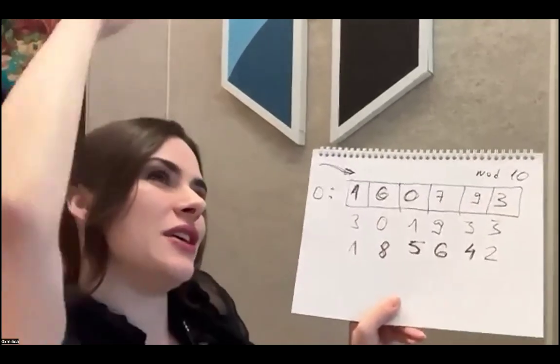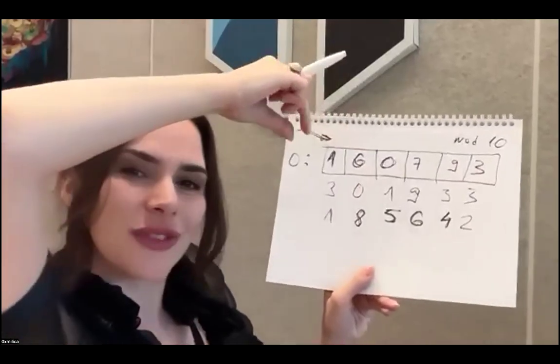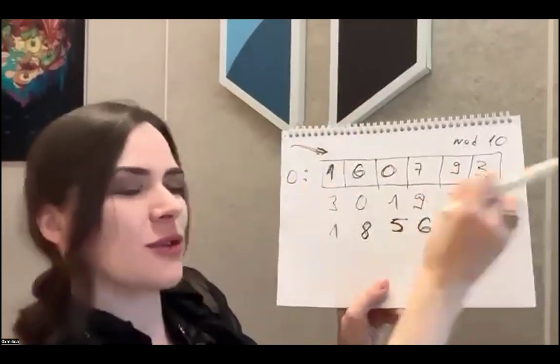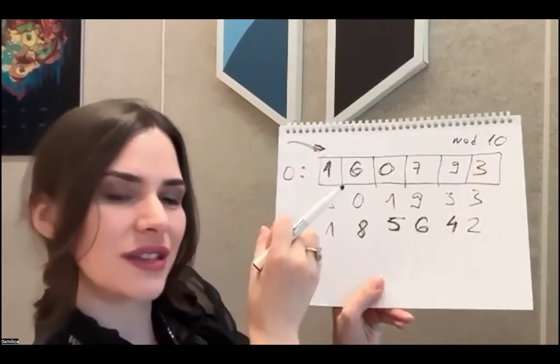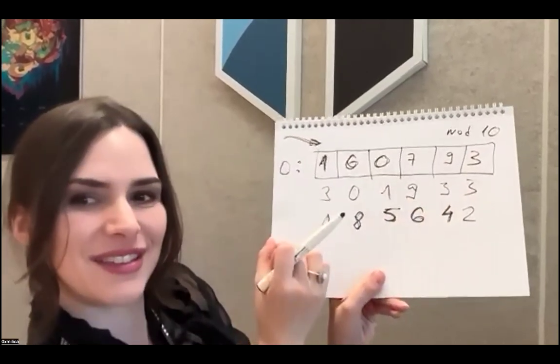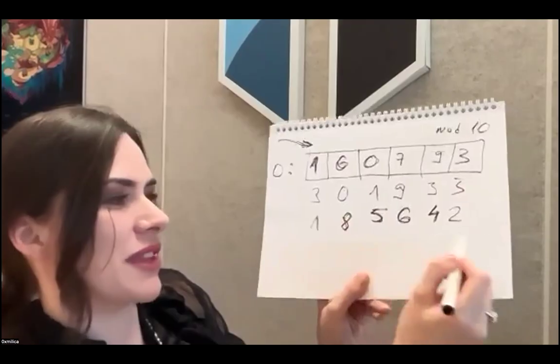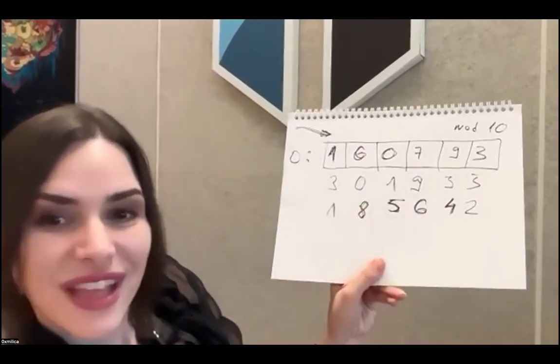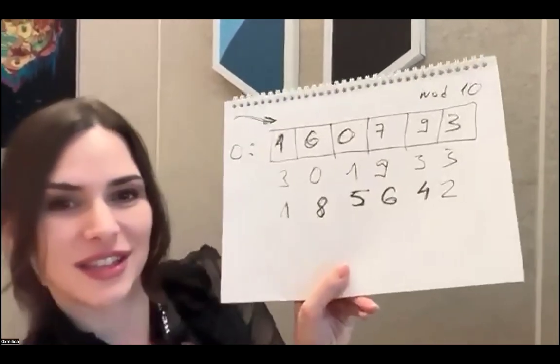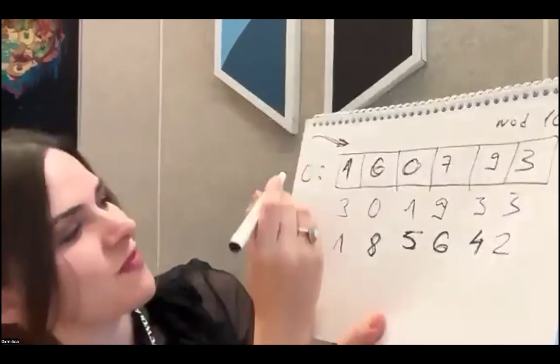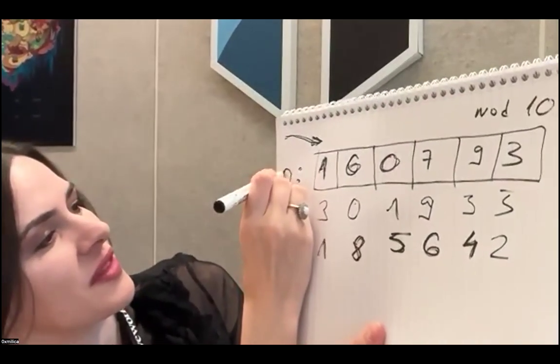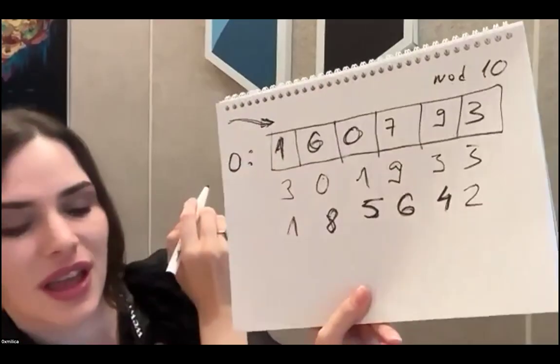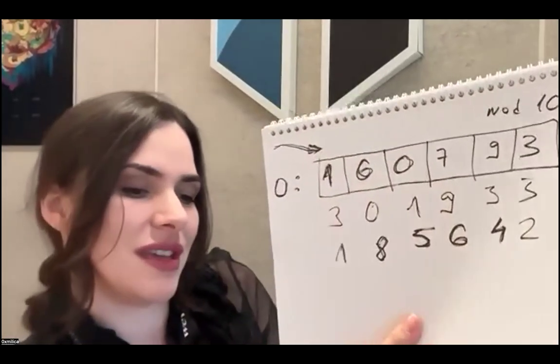You just put some input, and it dances through all of the digits, and then you end up with something else, and that's essentially your hash. So this is some simpler explanation of hash.